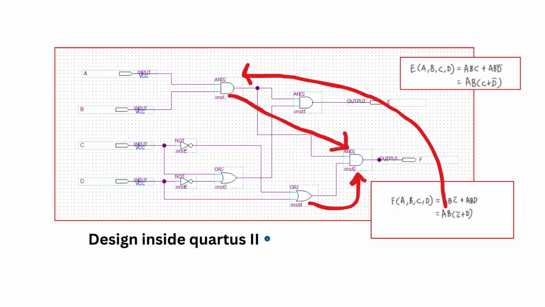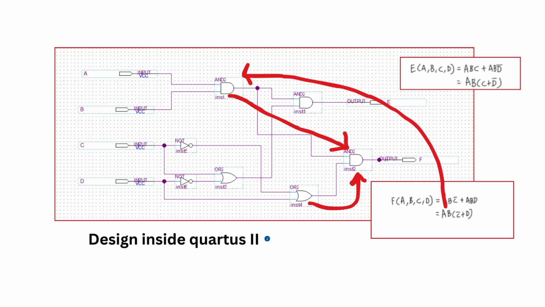For F, the final equation is A B times (C bar plus D). So it's not very much different from E, but the only difference is the negation of C and D. Since AB is already present in E, we won't be drawing another AND gate. We will just use the AND gate from the first equation, as you can see here.